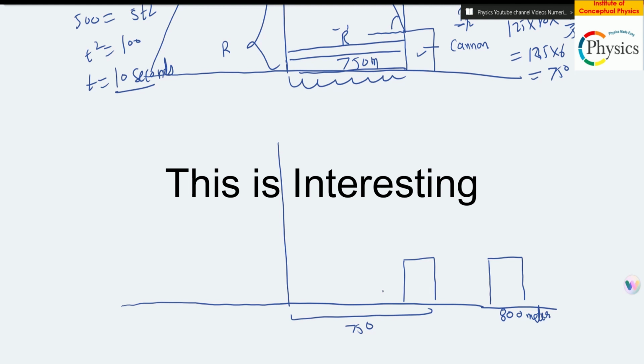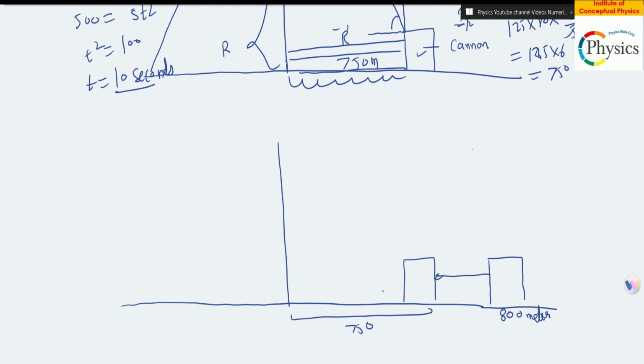Now, the cannon has a speed of 2 meters per second. It has to therefore cover a distance of 50 meters to be able to reach here. So with that speed, 50 divided by 2 is equal to 25 seconds. The cannon will take 25 seconds to cover this.